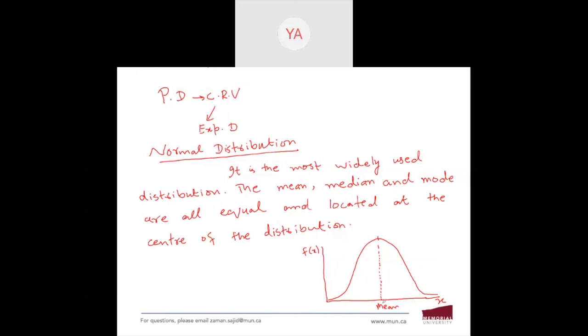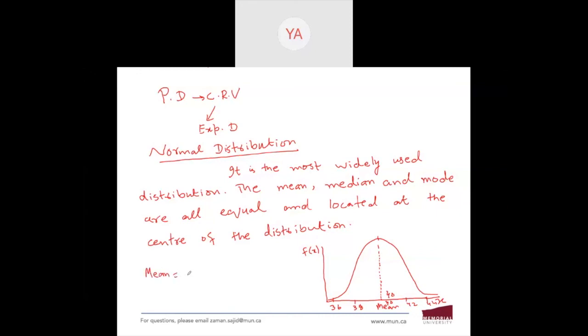Now, for example, if I have on the axis, let's say, 36 here, 38, and I have 40 here, 42, 44. So this value of 40, I should write it on top. This is basically our mean.